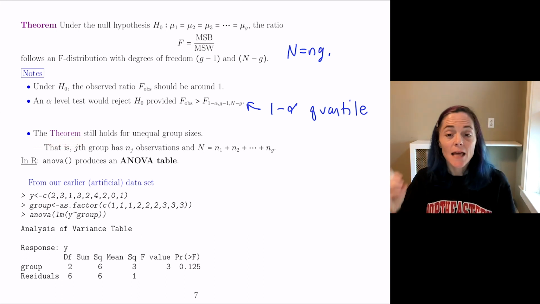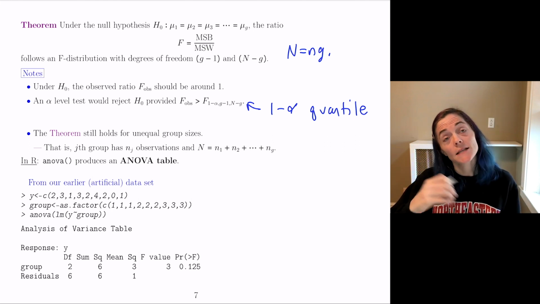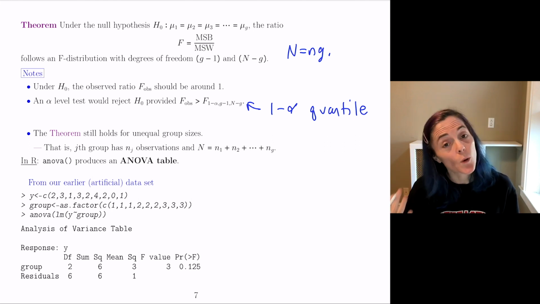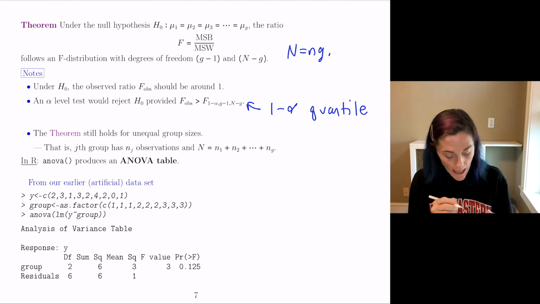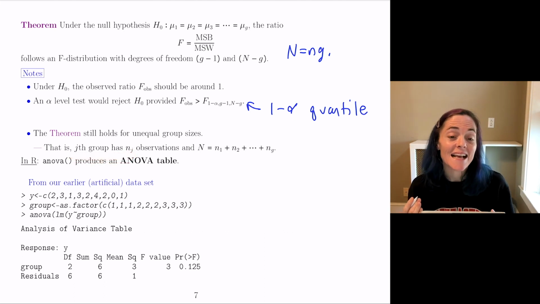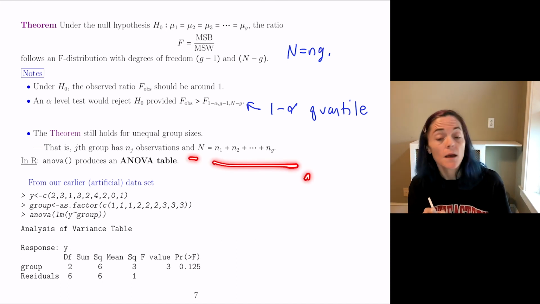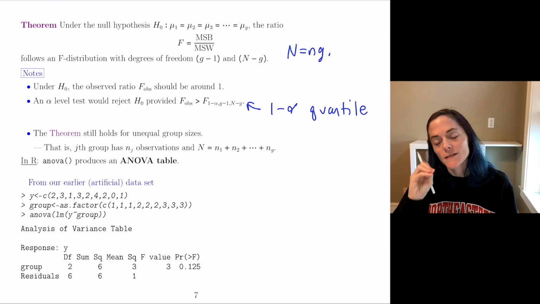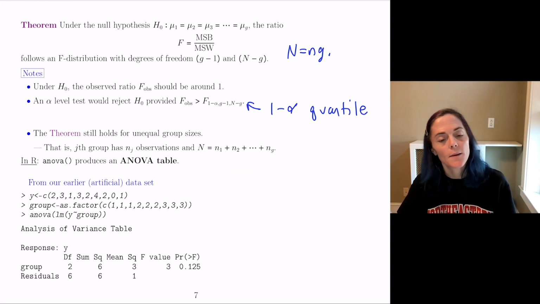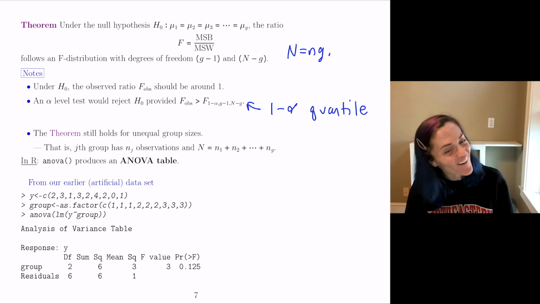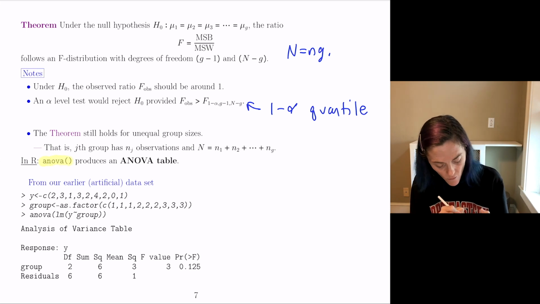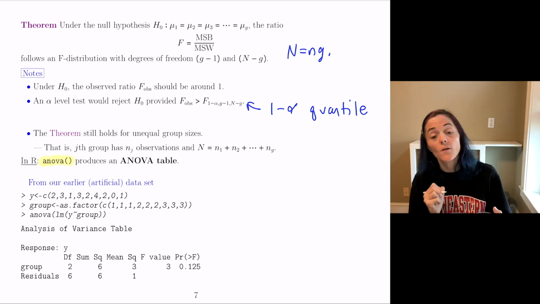I've been working with little n, the size of all the groups, but that is not required for an ANOVA. In particular, the jth group has n sub j observations. This capital N is just the sum of n sub 1 out to n sub g. So in R, we have this ANOVA, and we get what's called an ANOVA table.